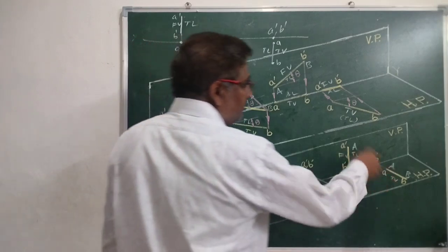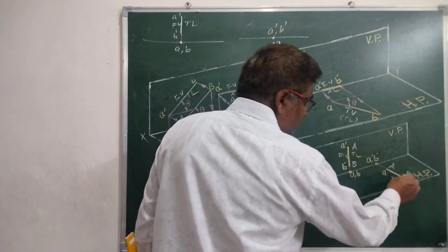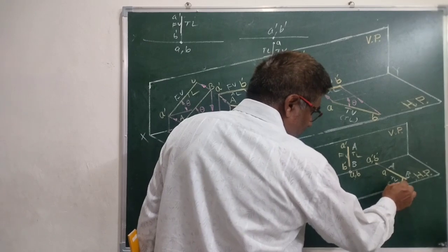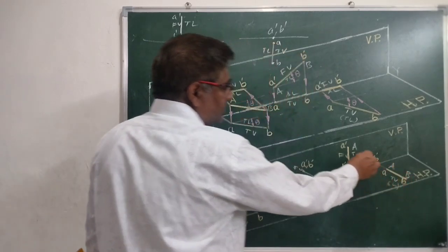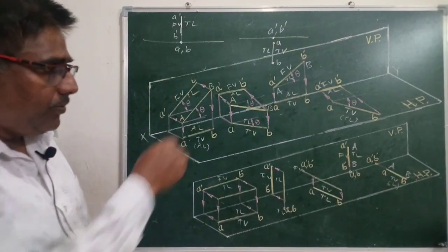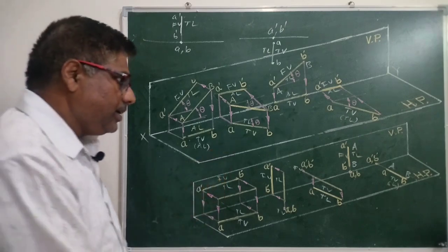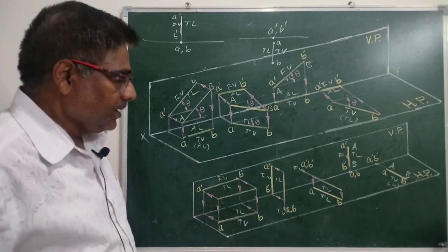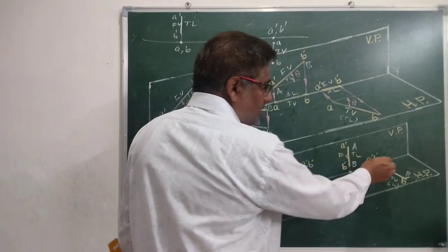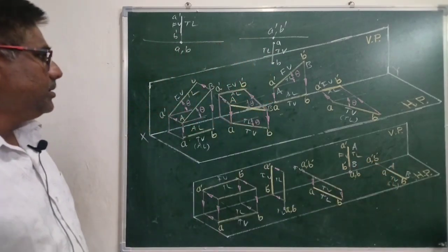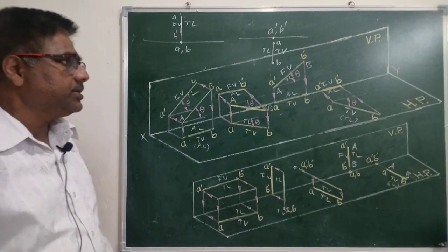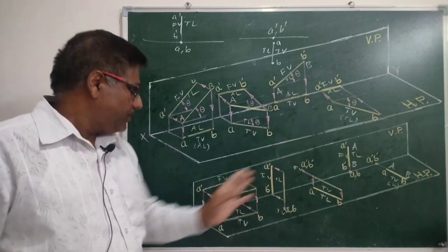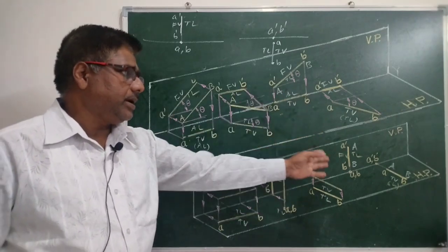When it is in HP and perpendicular to VP, the line itself will act as top view with the true length, and when we draw its front view, it will fall on XY line with A dash and B dash points coinciding. That is, front view is just a point. How many cases we have discussed in this combined diagram? 1, 2, 3, 4, 5, 6, 7, 8, 9.